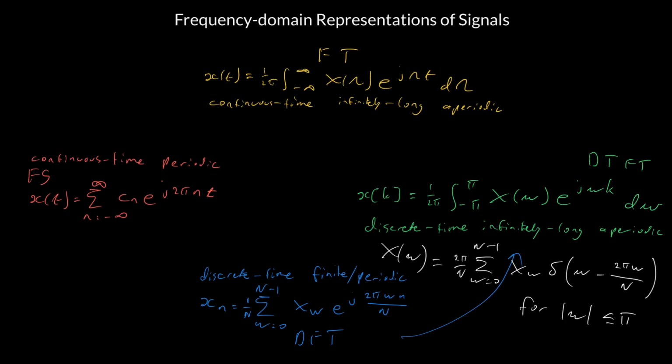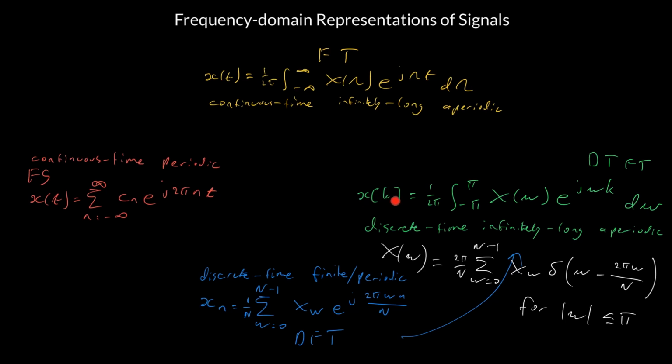To summarise, if we were to start with X of k and sample it in the frequency domain, then because in the frequency domain we already have a periodic structure, sampling a periodic structure just gives us a finite amount of data to work with because it's repeated forwards and backwards.